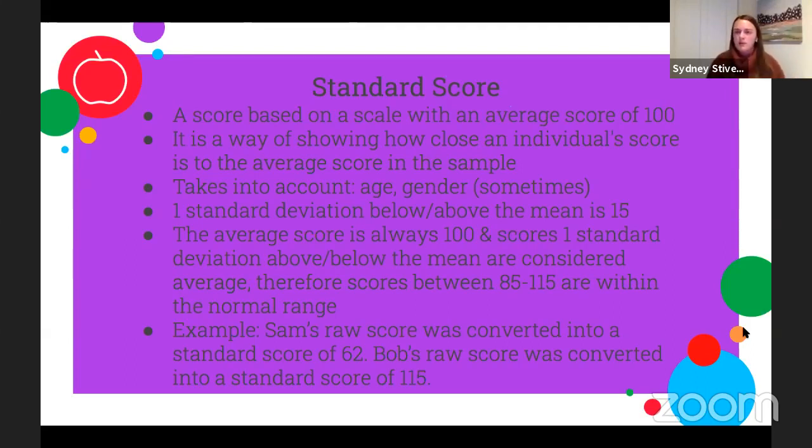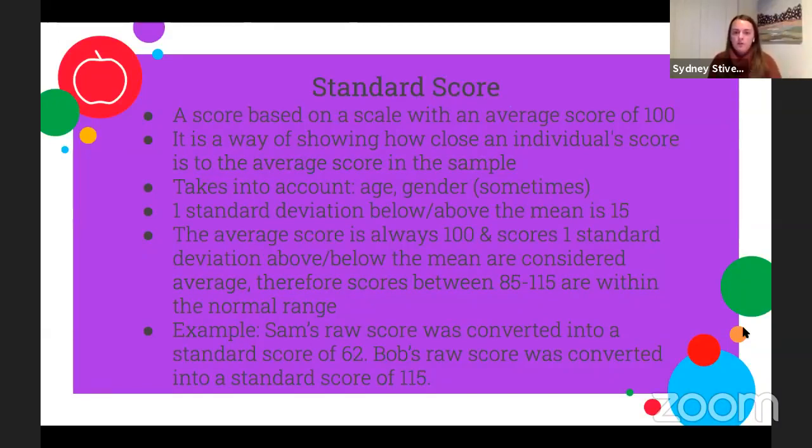So now we go into scaled scores. This is very similar to a standard score, but the numbers are a little bit different. It really just depends on the assessment we're giving. Some assessments we will get scaled scores on, other assessments we'll get standard scores on. Really just depends on the test. But we use the numbers the same way, they're just different. So the average scaled score is 10.